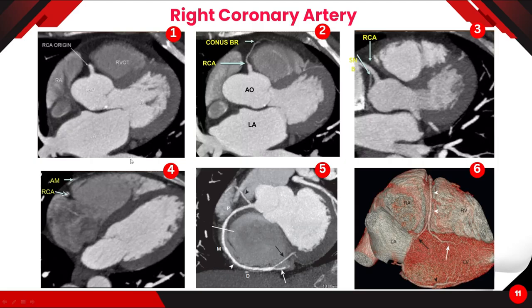This is the CT coronary angiography showing the aortic valve showing 3 coronary cusps. This is the right coronary cusp, this is the left coronary cusp, this is the posterior non-coronary cusp.